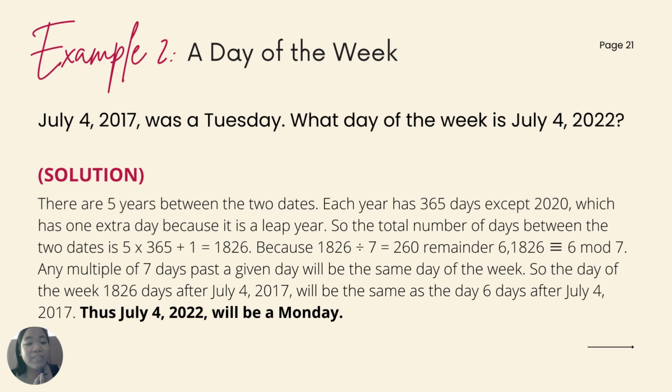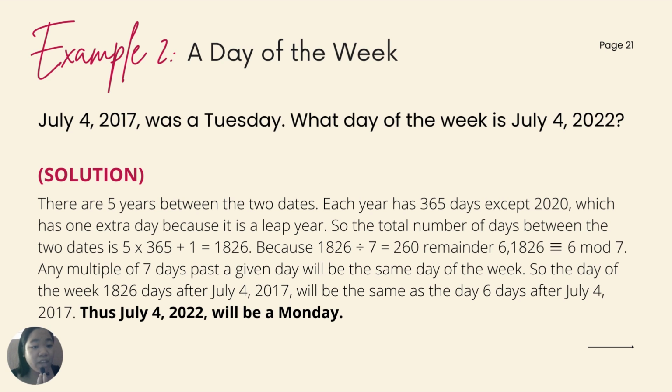So the total number of days between the two dates is 5 times 365 plus 1, which is 1,826. And because 1,826 divided by 7 is equal to 260, remainder 6, meaning 1,826 is congruent to 6 mod 7.